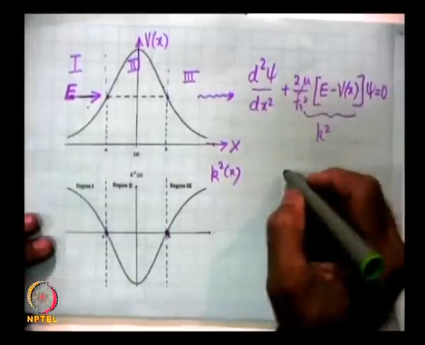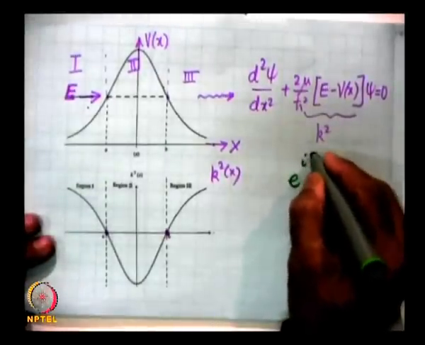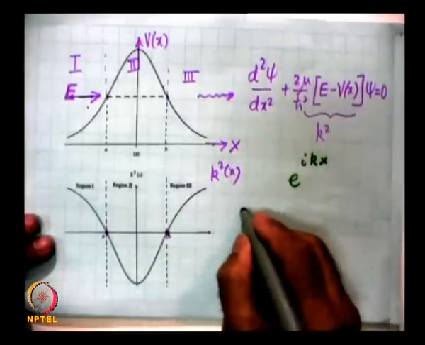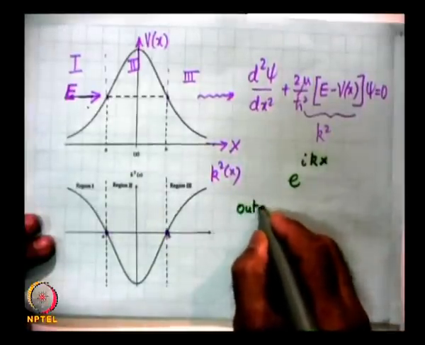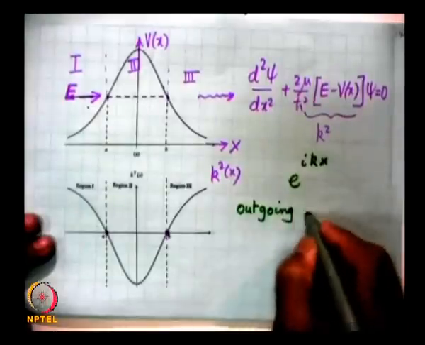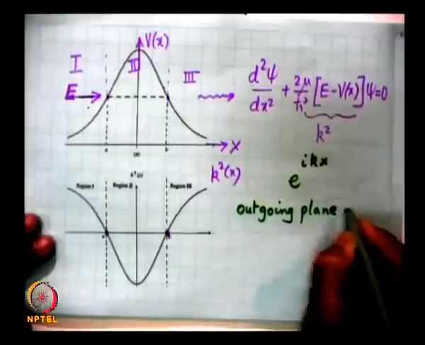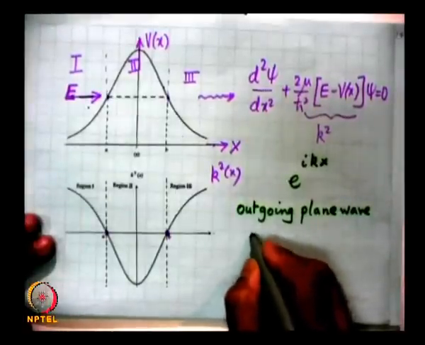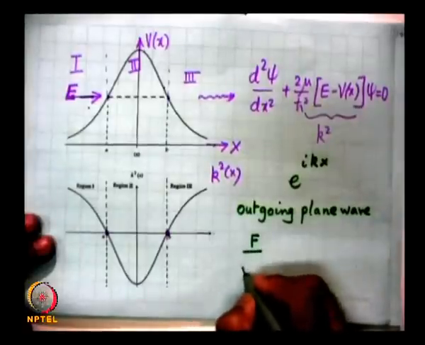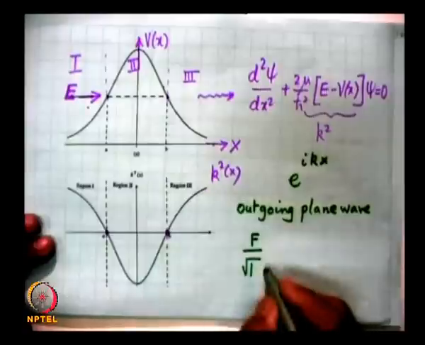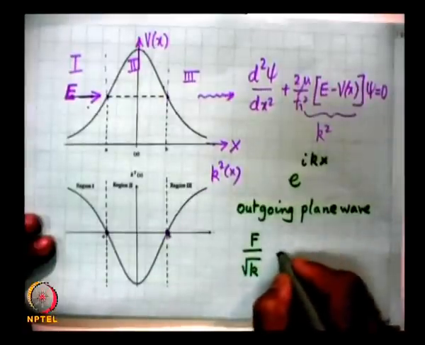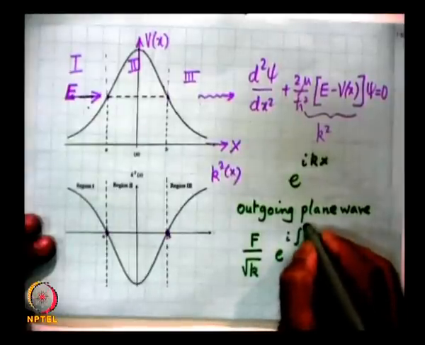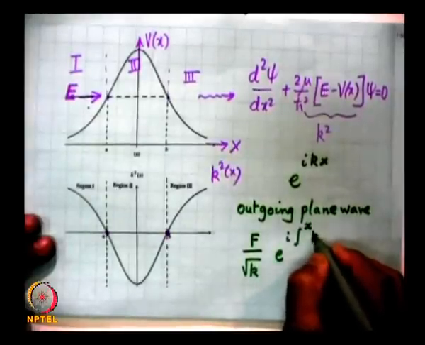Now, plane wave will be of the form e to the power of I k x. So, we will write an outgoing plane wave as, say, f, the WKB solution will be root k, because k square is positive here, root k e to the power of I integral x k dx.